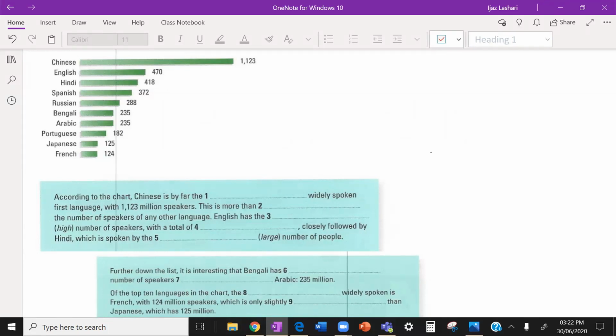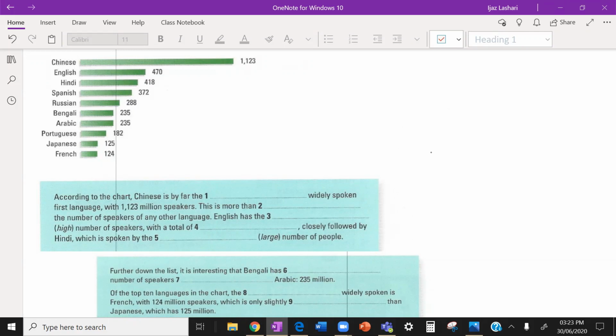It is interesting that Bengali has dash number of speakers, dash Arabic 235 million. On the top 10 languages in the chart, the dash widely spoken is French with 124 million speakers, which is only slightly dash than Japanese, which has 125 million.